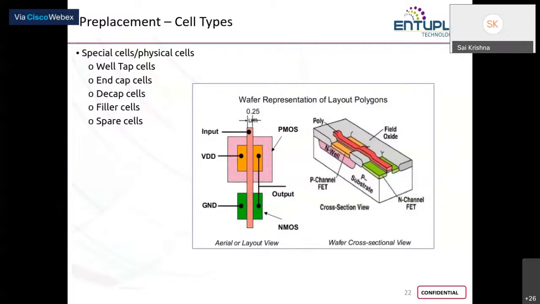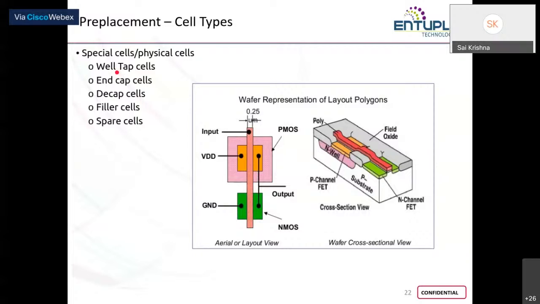There are some physical cells that we use for this purpose, and it's particularly called an end cap. End cap is the special physical cell that is used to block the boundaries. And the other types of physical cells are well tap cells.